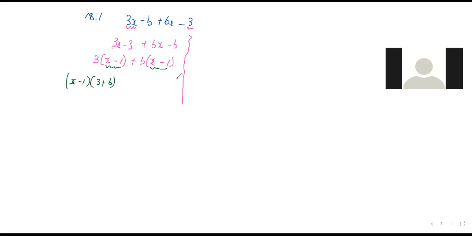Now let's look at another grouping. I could have grouped the x's alone as 3x plus bx, and I group minus b and minus 3. Look what happens here. What's common here is x. I take x outside. I remain with 3 plus b, or b plus 3, minus, I take minus 1 out here. If I take a minus, this must be a plus.